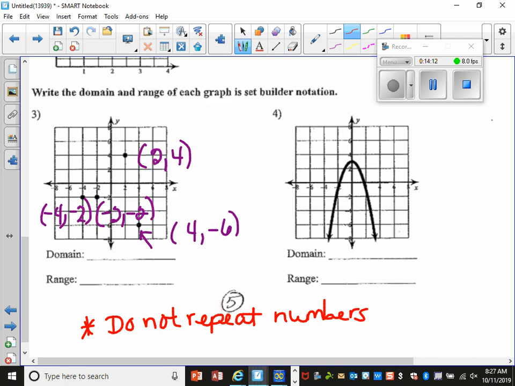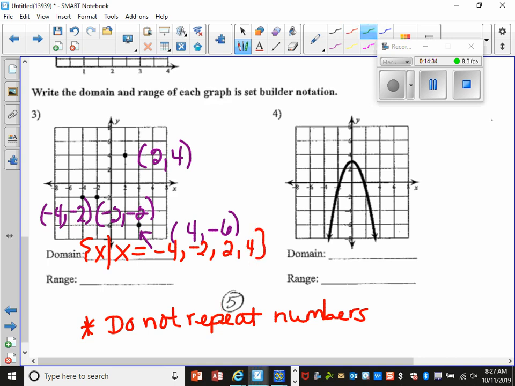So let's start with the x's. So the smallest x, and we're going to say x such that x equals -4, -2, and what else do we have? 2 and 4. Very good.